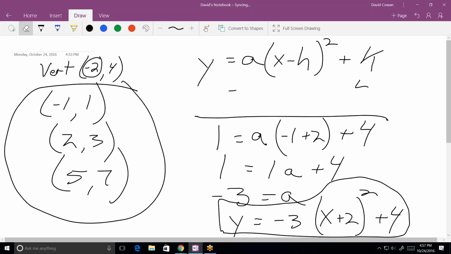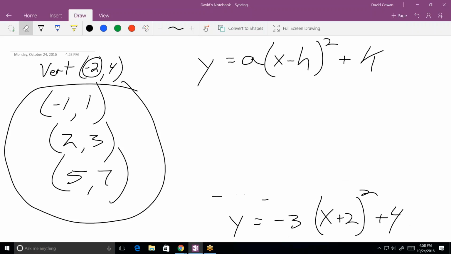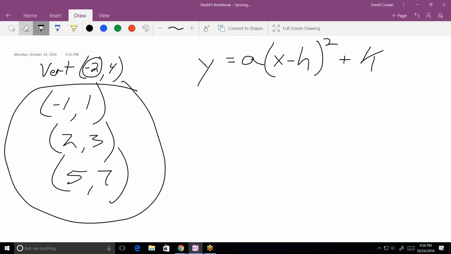Well, I can generate 3 equations from those 3 points, right? Plug in the first point. I get 1 equals a times (-1 minus h) squared plus k. I no longer have a vertex, notice. So let's erase that vertex.